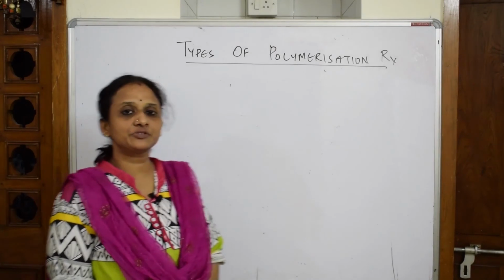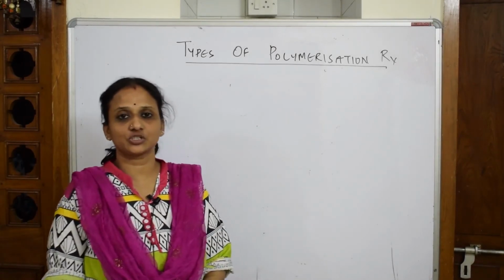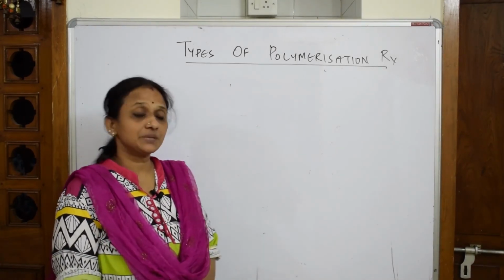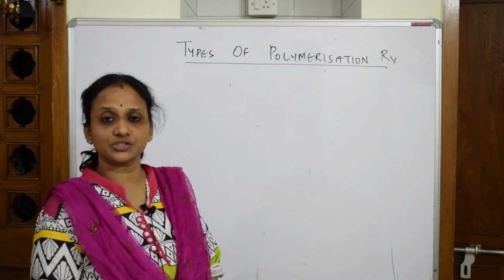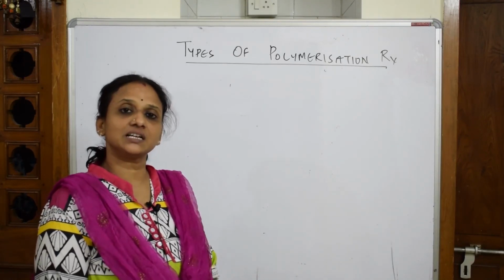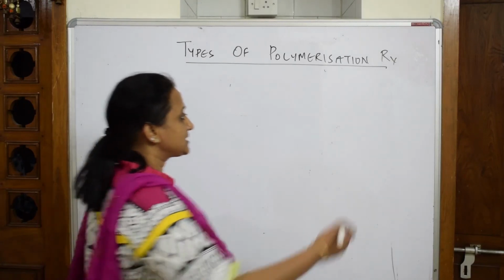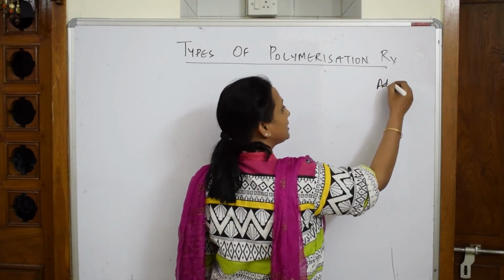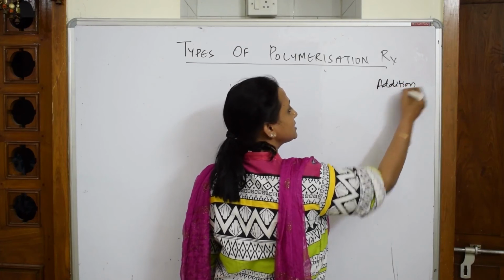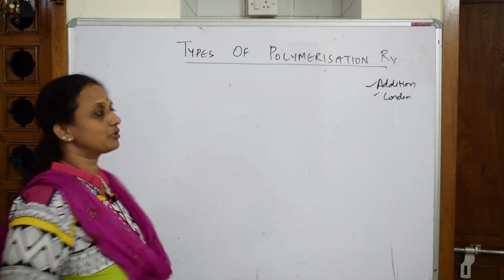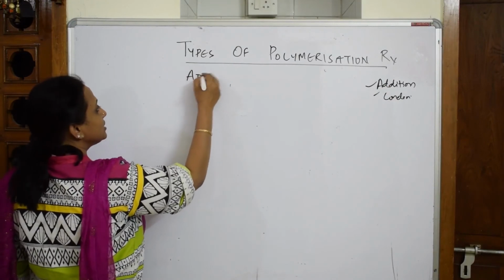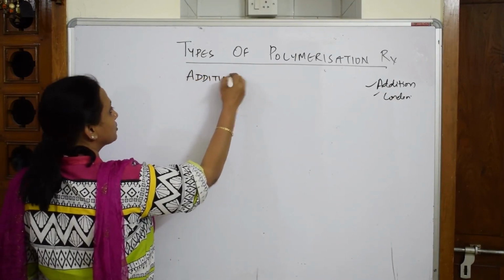And see the types of polymerization reaction, the last topic of the chapter. In types of polymerization reaction, we are going to learn about addition polymerization as well as condensation polymerization. When I speak about addition polymerization, you have to remember three important concepts.